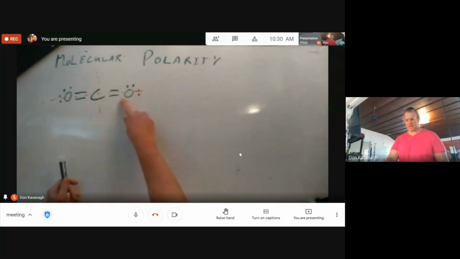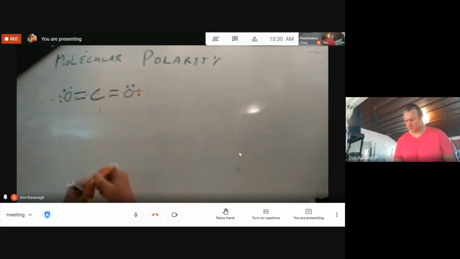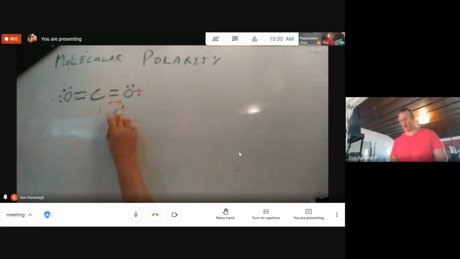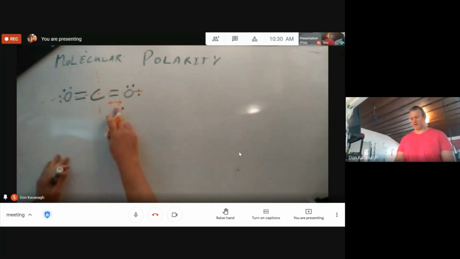If we were to analyze the individual bonds, we would also see symmetry in this molecule. The polarity of these bonds right here would look something like this, where we have the arrow pointing to the more electronegative atom.